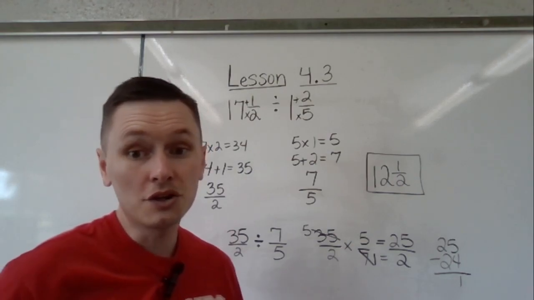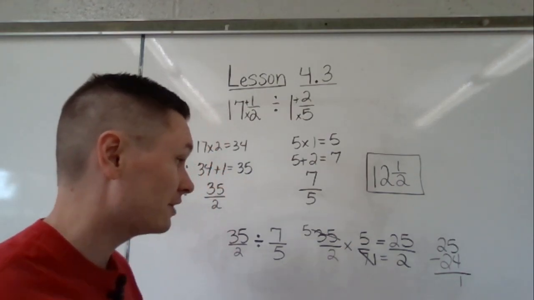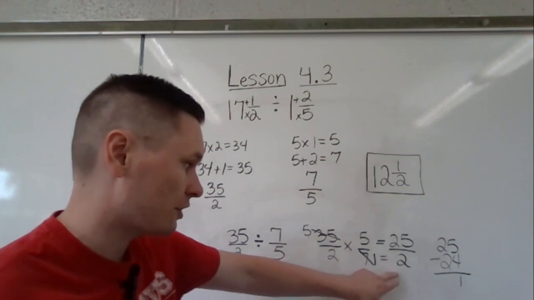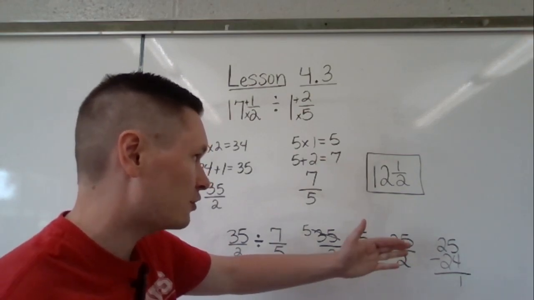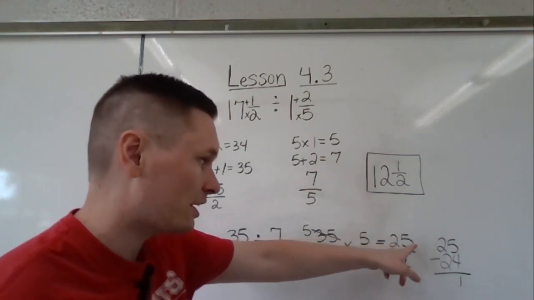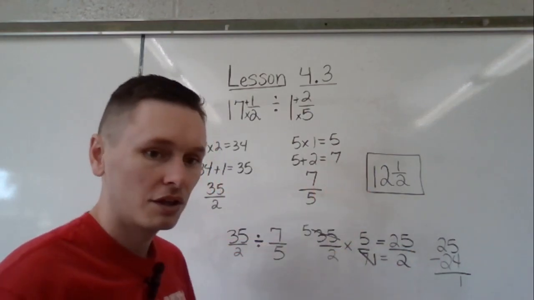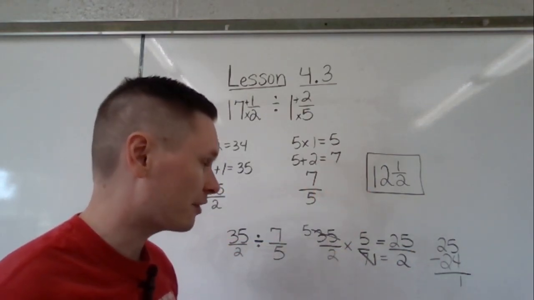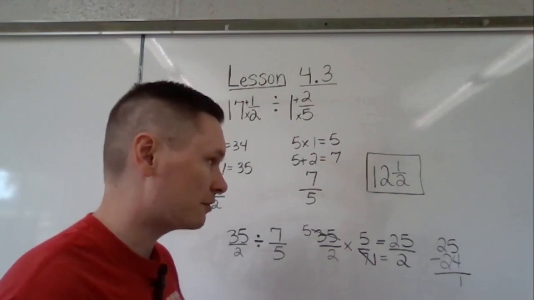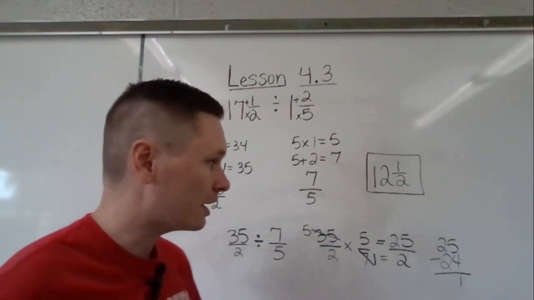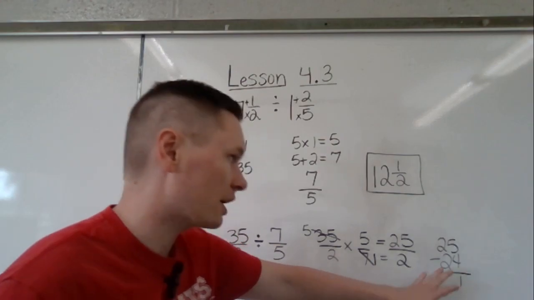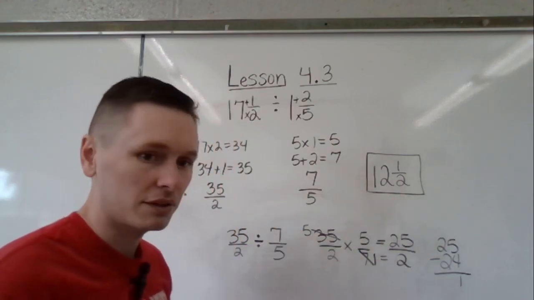And you kind of knew that it'd have to be a half because when you're working with 2 as your denominator, if this was 26 over 2, it would be 13. So the only way you're going to have a fraction when you have a 2 as your denominator is if the numerator is 1. But it's always good just to double check to make sure that we solved it correctly.